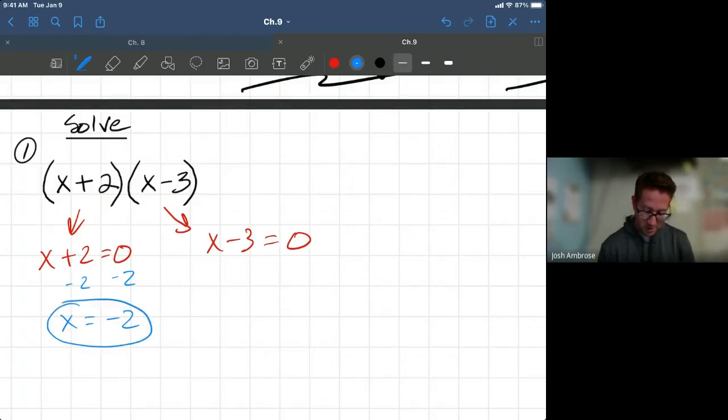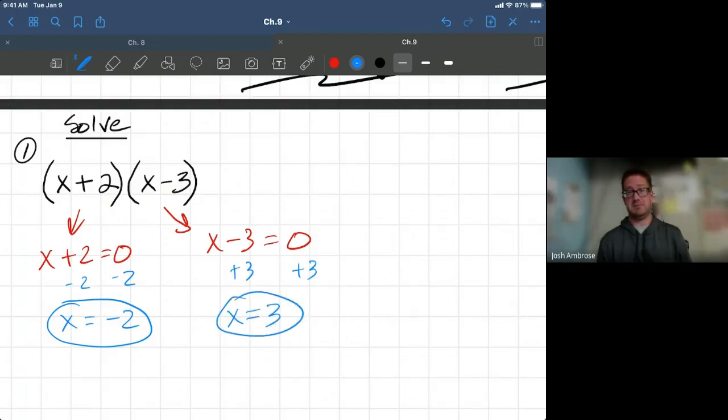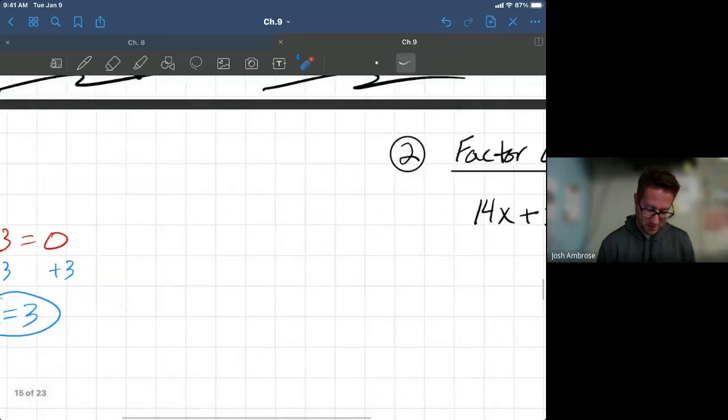Well, there's one of my answers. +3 plus 3, x equals 3. We like those. That's it. That's how you solve these types of problems. Give you 2 parts, you're going to get 2 answers. All right, let's move on.